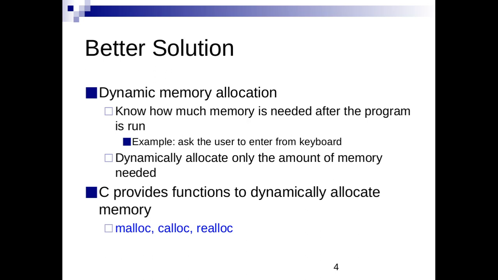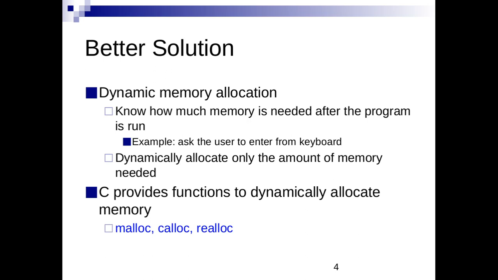In this video, we'll explore a better solution, which is dynamic memory allocation. We know how much memory is needed only after the program is run. Example: ask the user to enter it from the keyboard. In examples that we saw in earlier lectures, we first allocate an array of a certain size, let's say 100, and then ask the user for the actual number of entries.